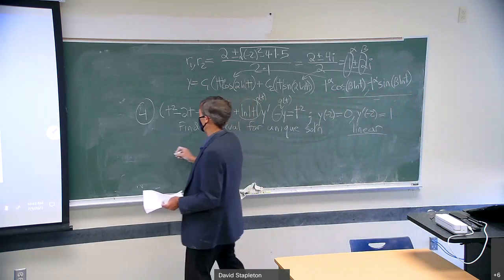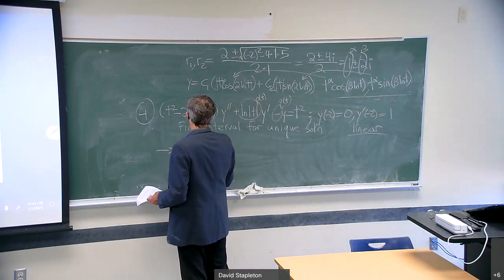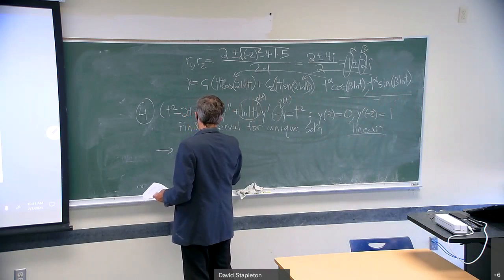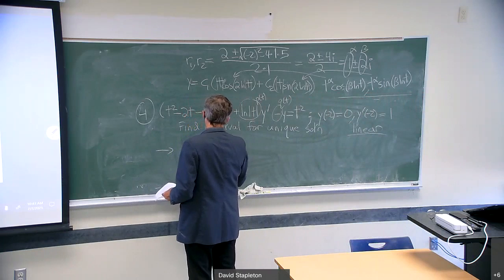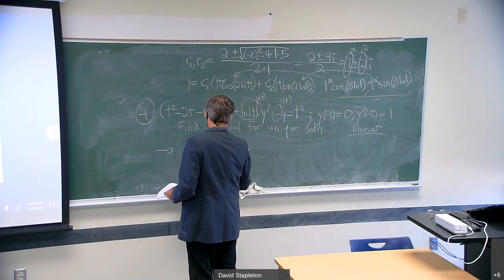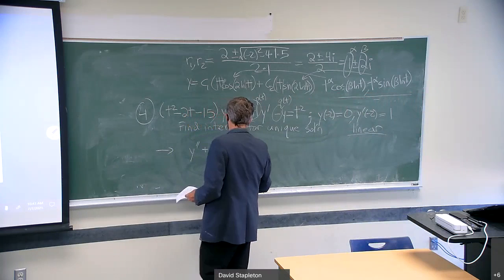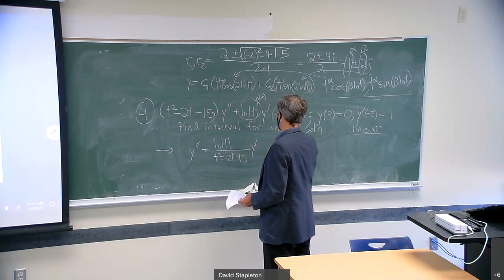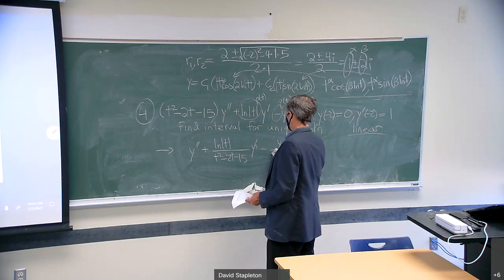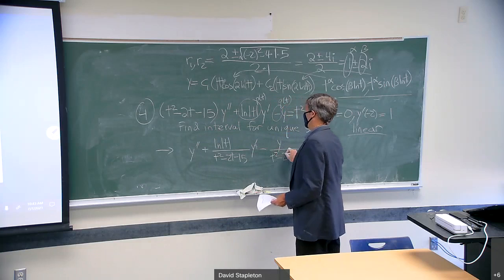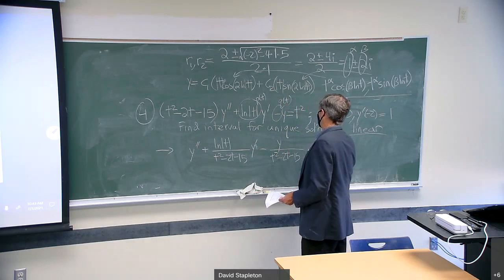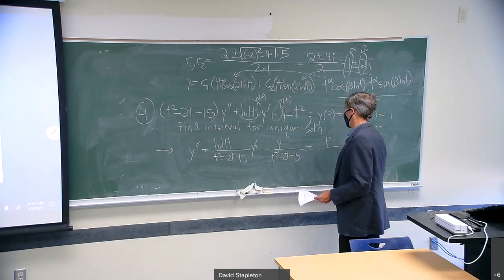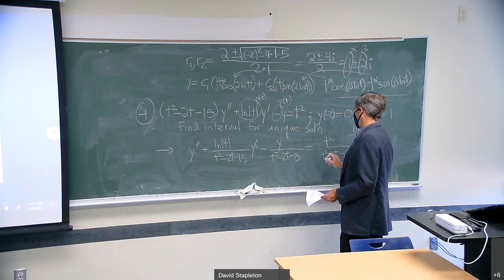In order to check the existence and uniqueness, you say standard form is y double prime plus natural log of absolute value t over t squared minus 2t minus 15, y prime minus y over t squared minus 2t minus 15 equals t squared over t squared minus 2t minus 15. All right.